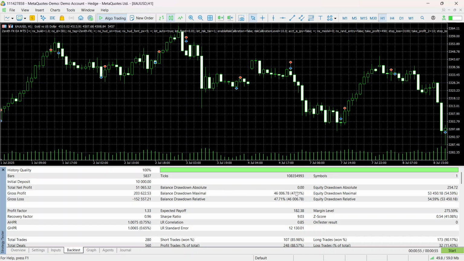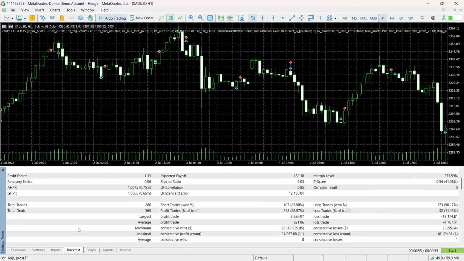Our balance drawdown is very high, and relative drawdown or equity drawdown is very high too at 54. Probably not a good profile for prop firm traders. Now our win rate was high, no doubt, around 88.5%.